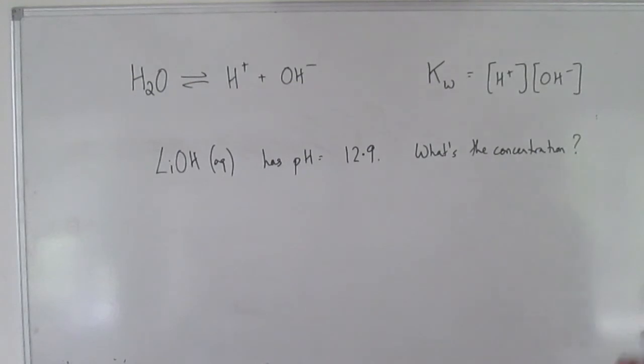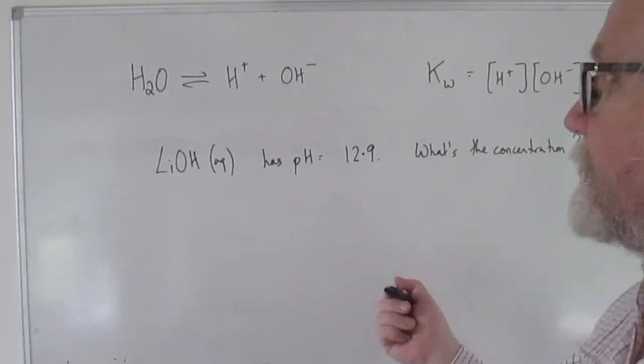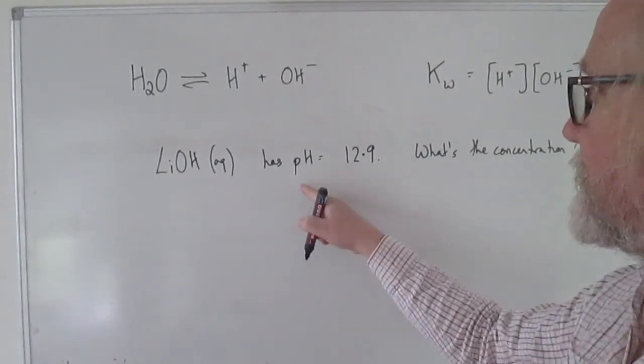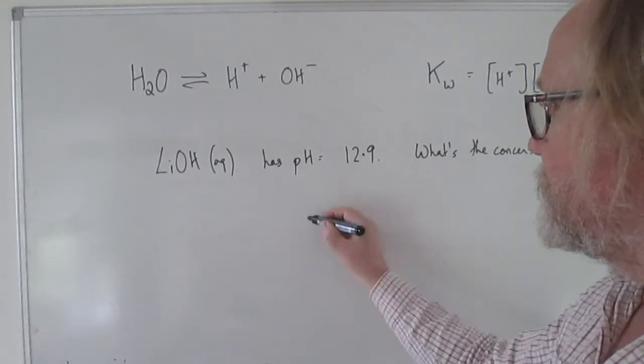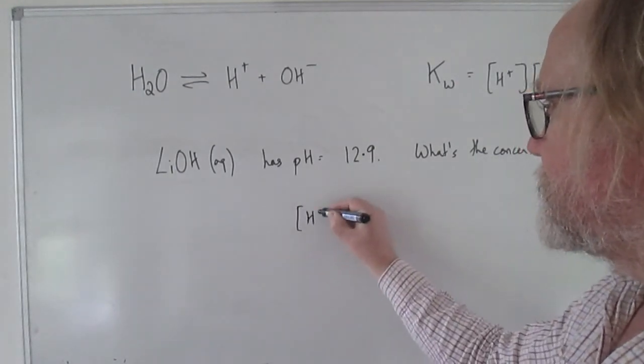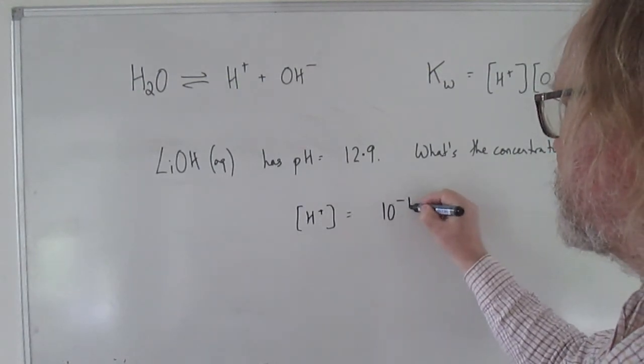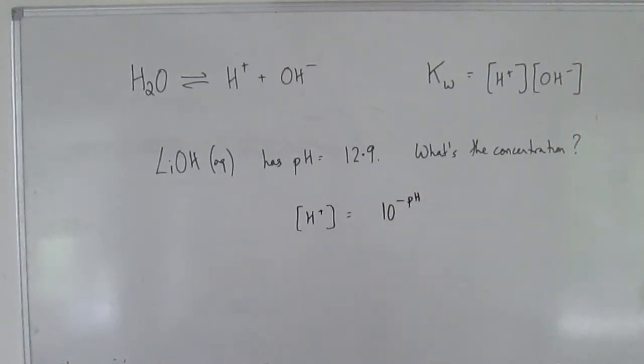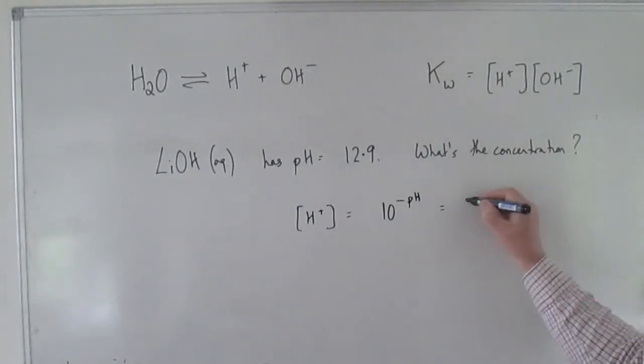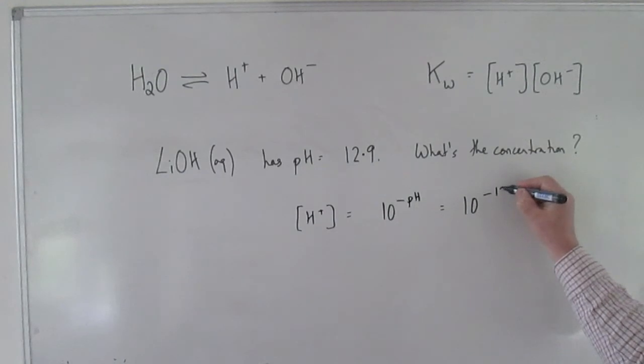So the way to do that is, first of all, to do like we did with acids, to convert the pH into H+ concentration. So our starting point is to remember that H+ is equal to 10 to the minus pH. So that's the inverse log of minus the pH, which is 10 to the power minus 12.9.